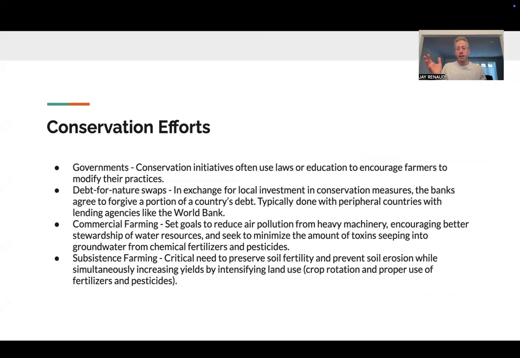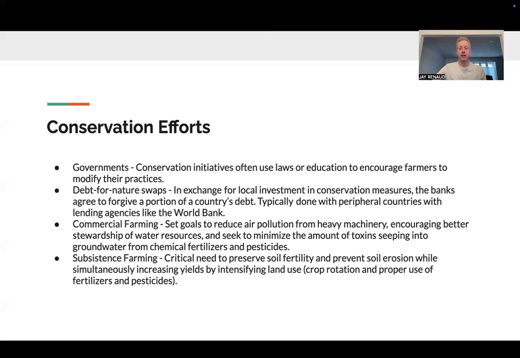Because there are some negative consequences with agriculture, we do have governments and people out there who are trying to promote conservation efforts. Typically, this has to happen at a government level for big changes to happen. One example would be debt for nature swaps. So some peripheral countries in relationship with the World Bank can reduce one's debt if they're making local investments in conservation measures.